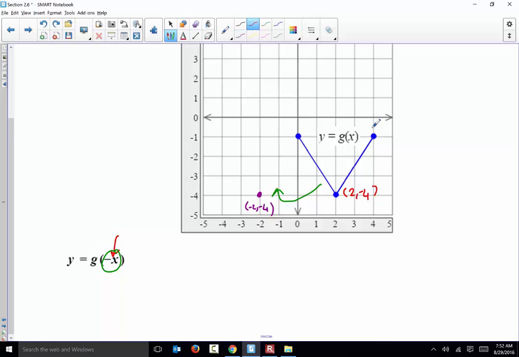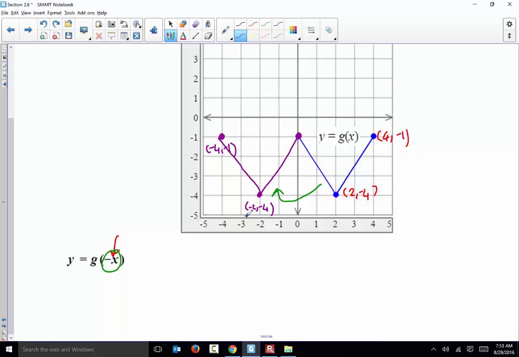How about this one? 4, -1. When I reflect it to the other side, it becomes -4, but still -1. Y coordinates do not change. How about this one? When I reflect this, where is it going to show up? Same place. Anything on the y-axis remains on the y-axis. So here are your 3 dots. Just combine them.